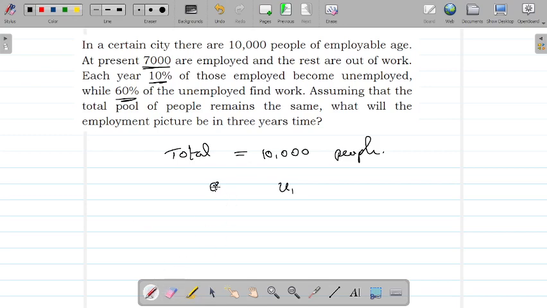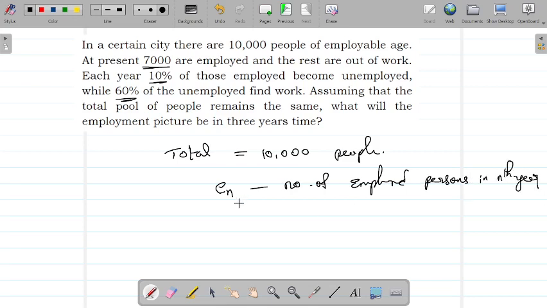Similarly, let me define what is En and Un. En represents the number of employed persons in the nth year.